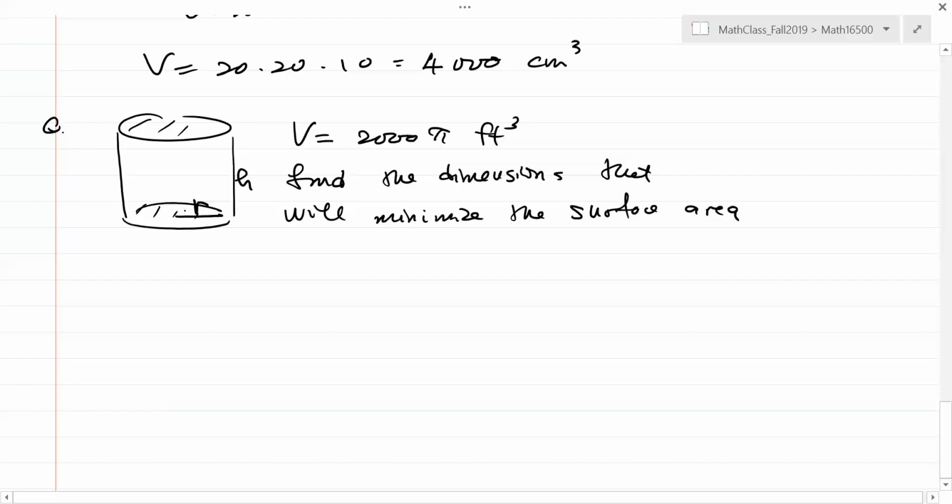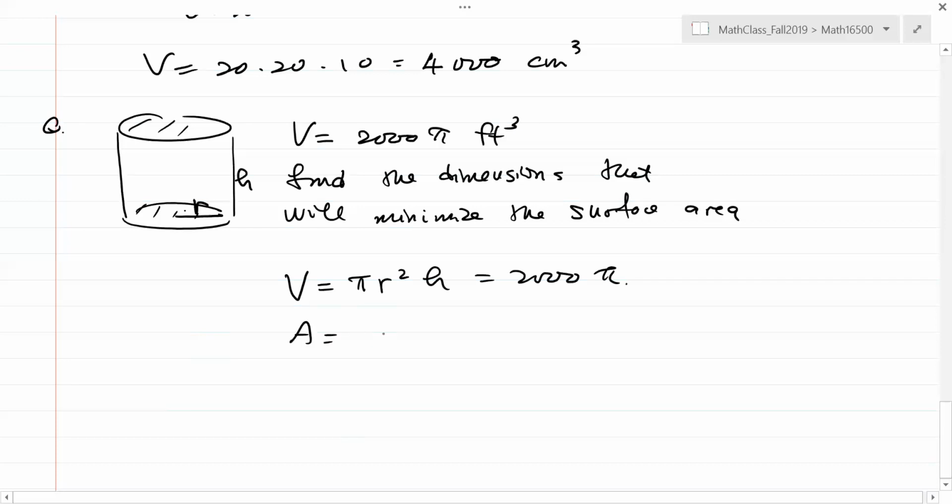All right, let's do it. Step 1, you already finished the picture. So write down the given information. The volume is the base area times the height, which is 2,000 pi. Then you have to find the surface area.